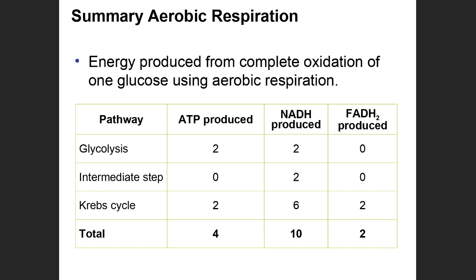In the Krebs cycle, we got 2 molecules of ATP, 6 molecules of NADH, and 2 molecules of FADH2. So a total of 4 ATPs, 10 NADHs, and 2 FADH2s. All right, so that's what gets made and how much of it gets made.